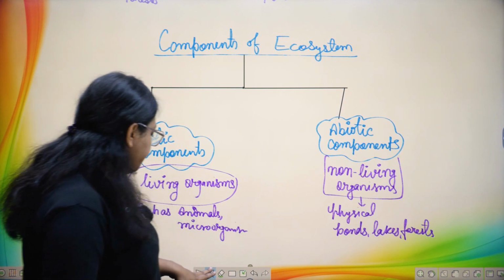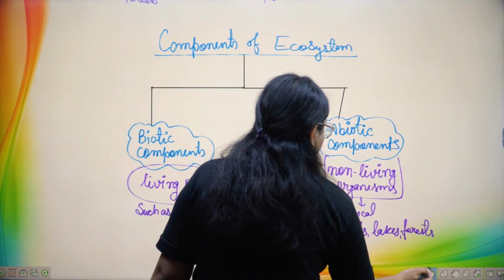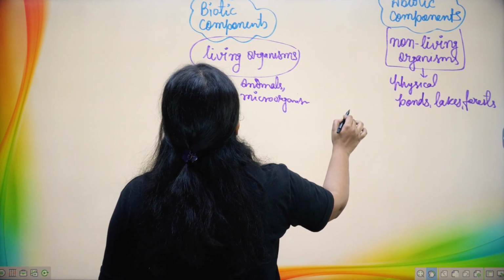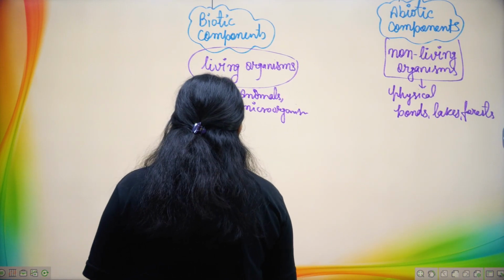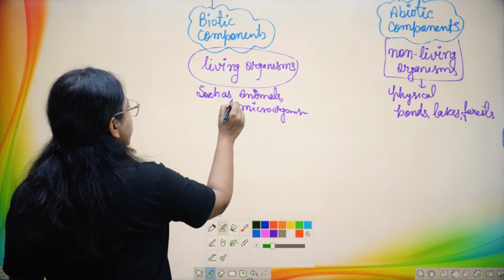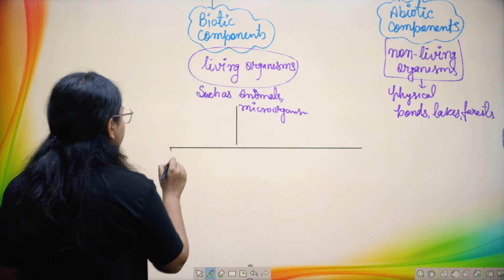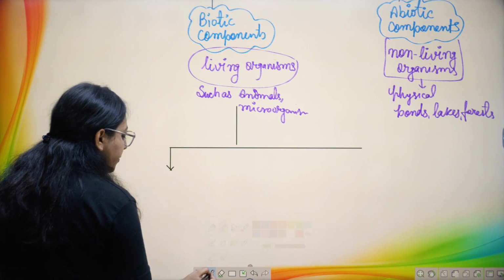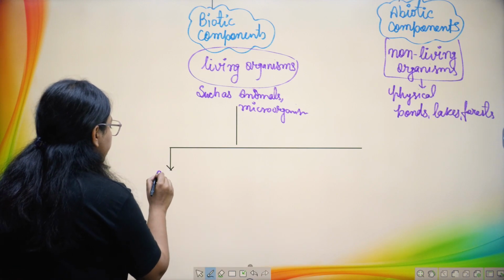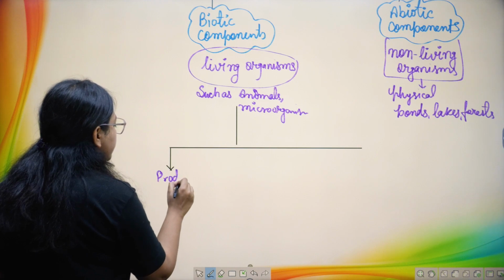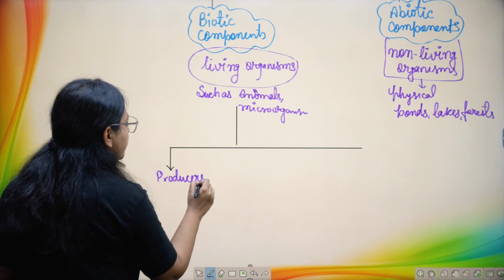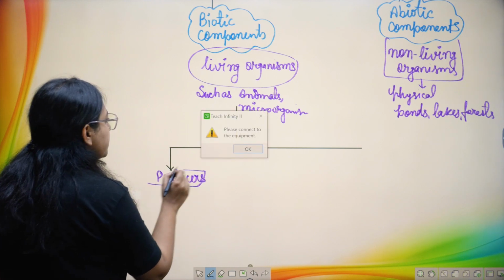Now let's come to the biotic components. Biotic components will be further classified into three parts. First, biotic components have producers. Now what are producers? I'll be explaining one by one.